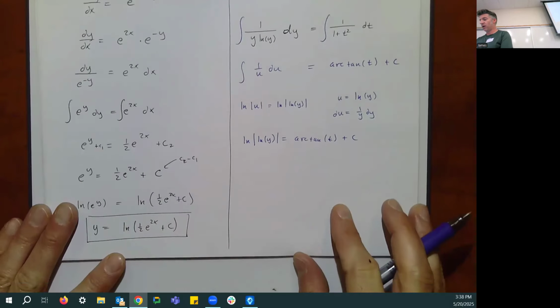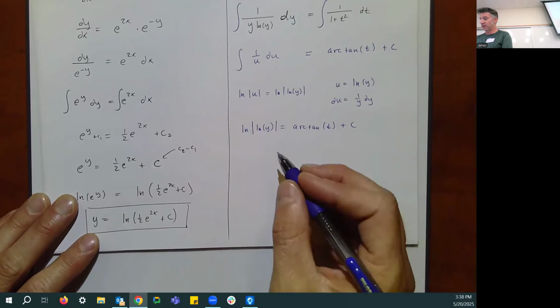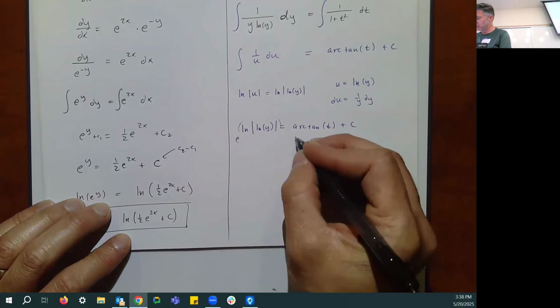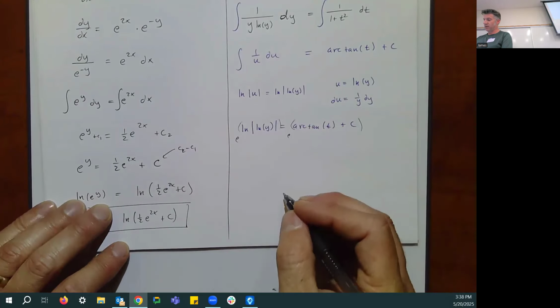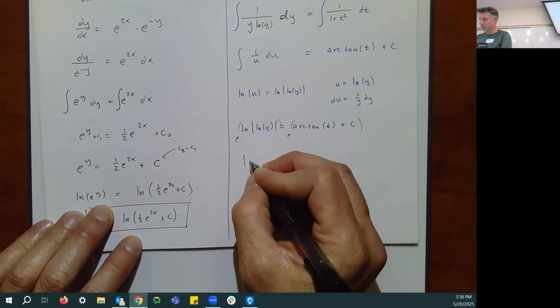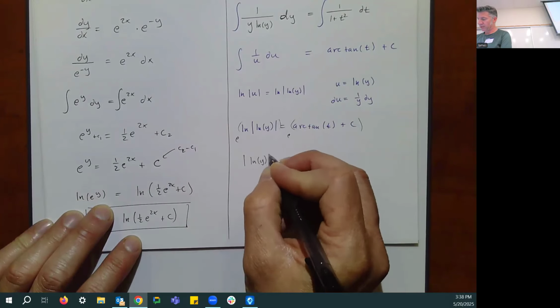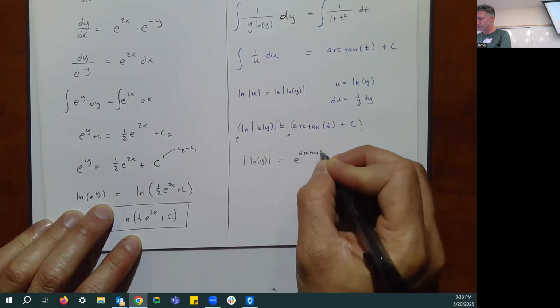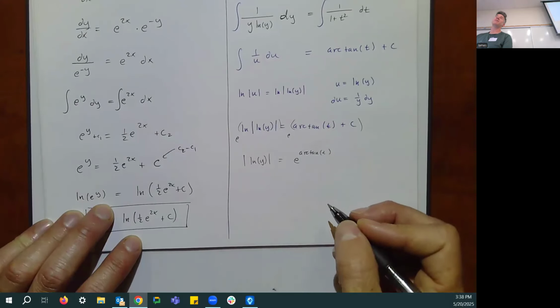Well, let's see. So I'm going to undo one of these natural logs by saying e on both sides. So e to the that equals e to the that. So I'm going to have just the absolute value of natural log of y equal to e to the arctangent of t times e to the c.